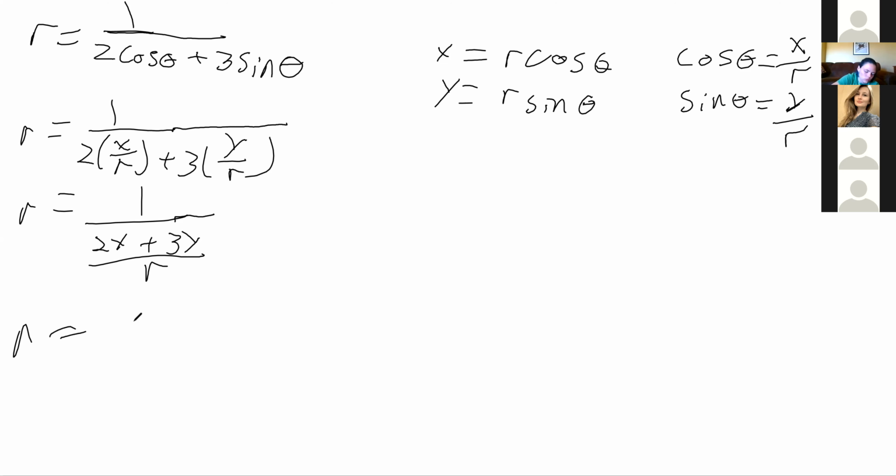So r equals r over 3. So now if you were to divide both sides by r, what would you have? We'd have 1 equals 1 over. Now I'll just write it. 1 equals 1 plus 3. Multiply that over. We have 2x plus 3.